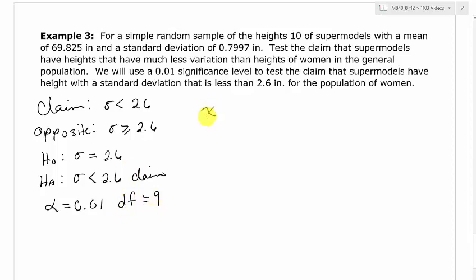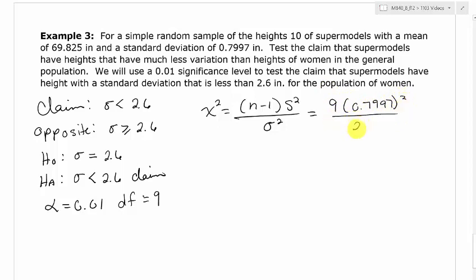The test statistic chi-squared is n minus 1 s squared over sigma squared. So that will be 9 times 0.7997 squared over 2.6 squared. This should give you a value of 0.851.